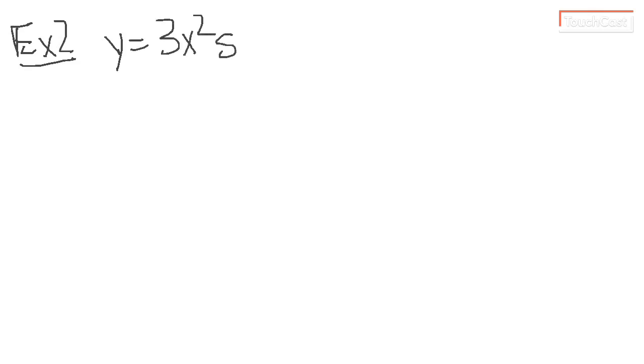Let's look at another example. So example 2. We're going to have y equals 3x squared sine x. We want to find y prime. Now this is going to use the product rule because we can separate this.